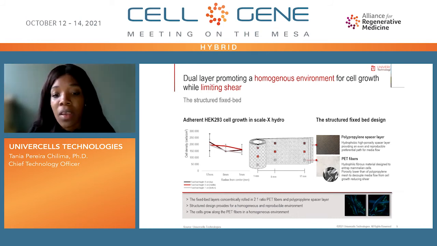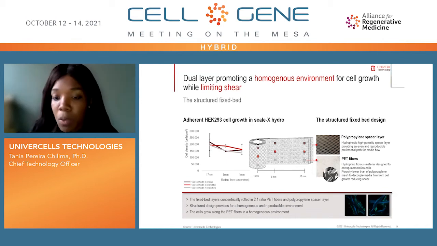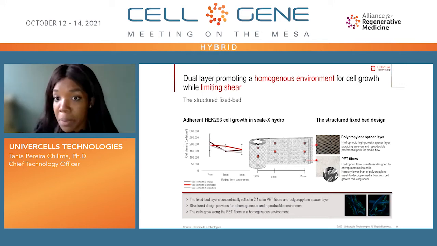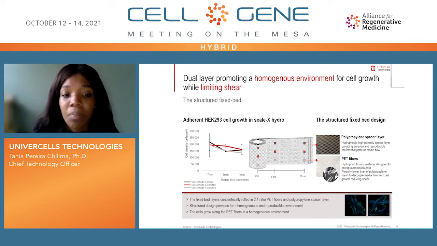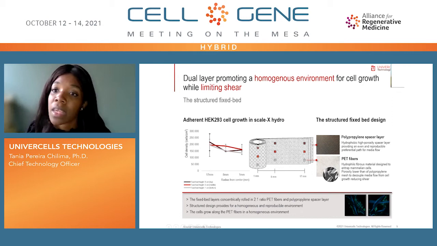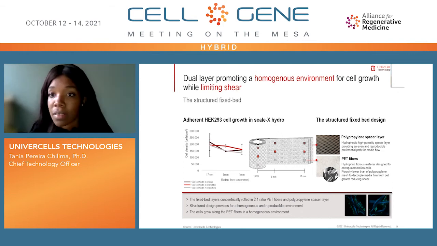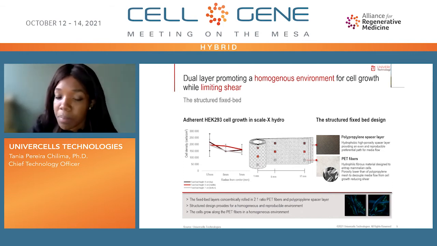And what you see there is how the cells are growing at the bottom. It's a very small picture. How the cells are growing along the fibers in the PET fibers. You also see the cell density distribution in points taken at different height and diameter points within the PET fibers. And you see that there's quite a rather narrow range in cell densities.